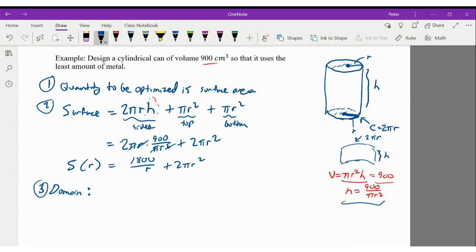And in fact, this formula itself suggests why you can't have r be 0, because you'd have division by 0. So what we know is that r has to be greater than 0, which I'll write there.